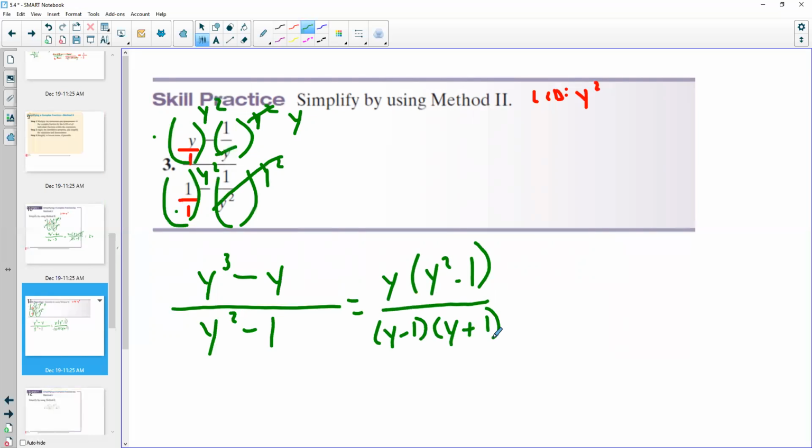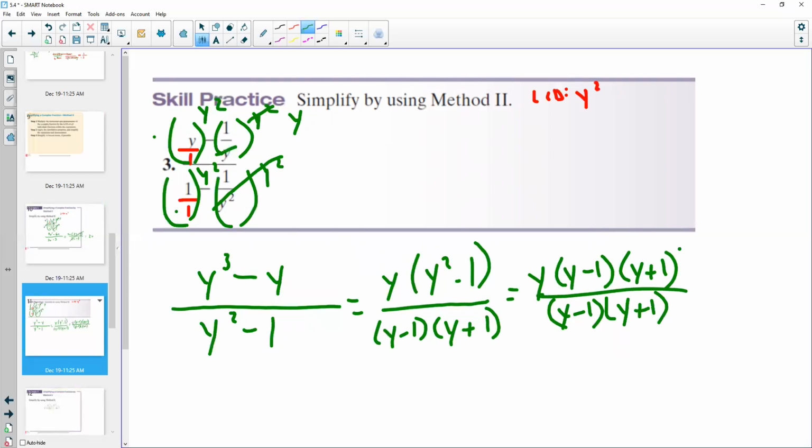And look, that y squared minus 1 is on the top too now. So I get y minus 1, y plus 1 over y minus 1, y plus 1. Those cancel. All I'm left with is y. Either method would work here.